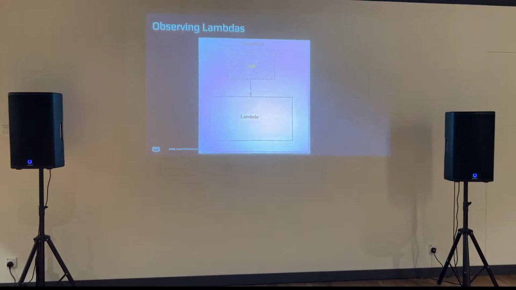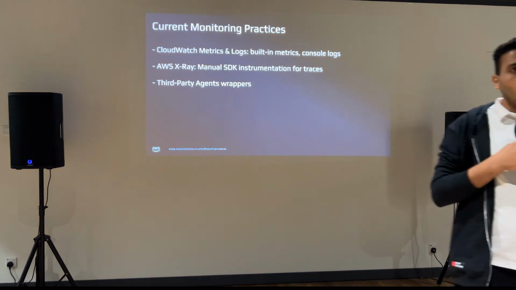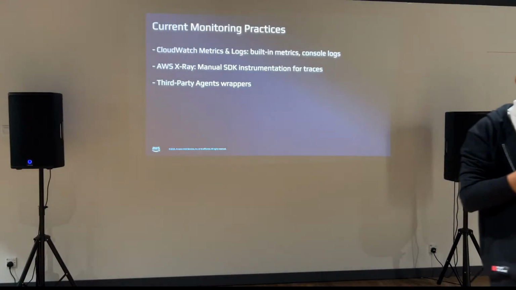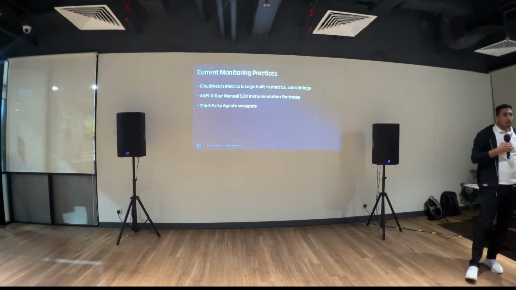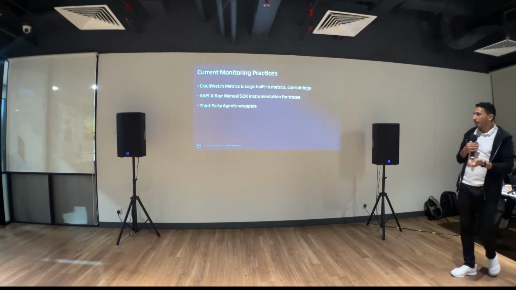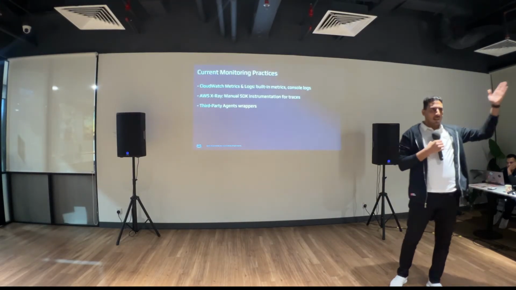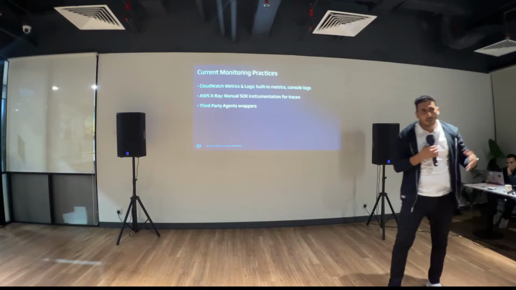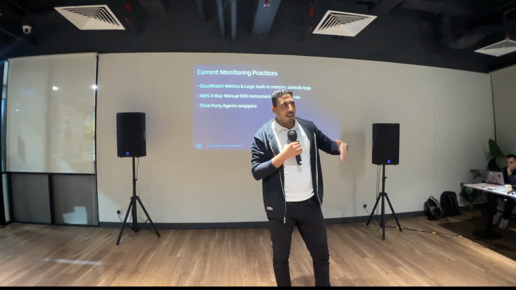There are many things behind the scenes. When the client comes, Lambda does its magic, and the server, the container, and everything will be up and running for us, right? So with current monitoring, we have no choice but to use what exists. We have CloudWatch logs and metrics, which give a lot of logs for one request, and I'm going to get lost looking into those metrics and logs when something goes wrong.